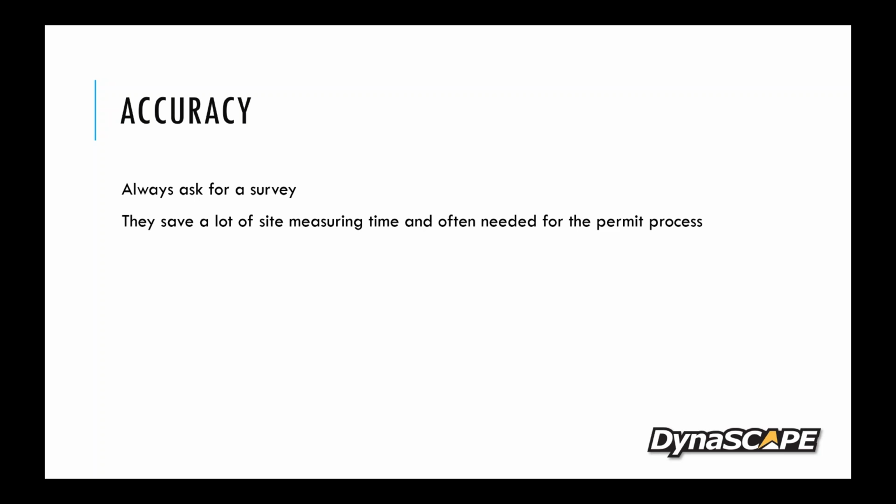a lot of municipalities now are really buckling down on impervious coverage. So permits are a pretty important part of that. But most towns are not going to just take some drawing that you've done with your calculations and give you a permit.